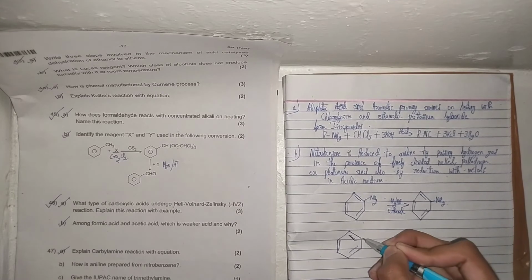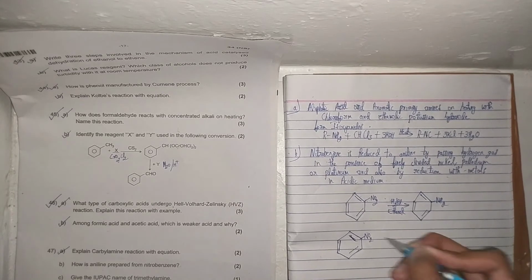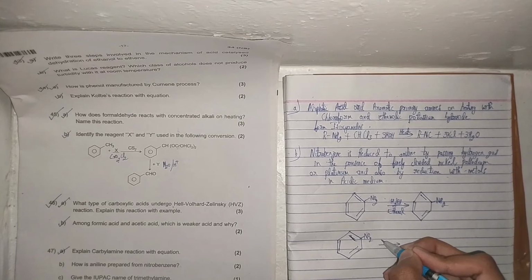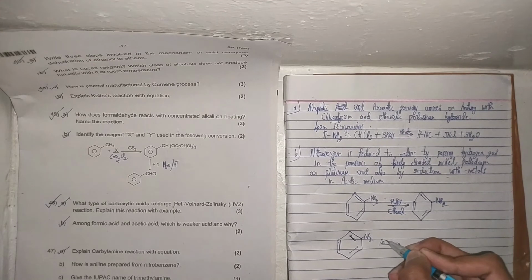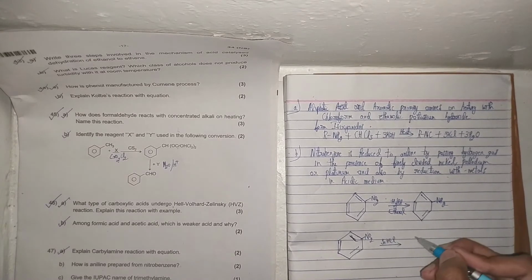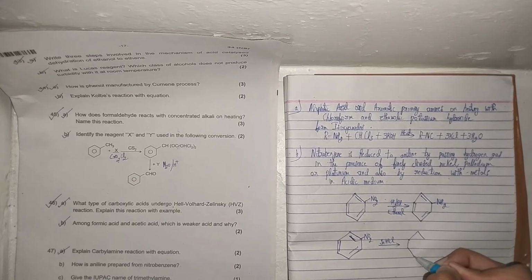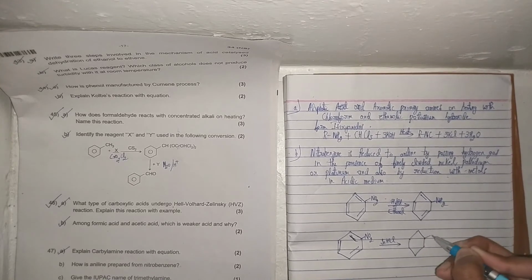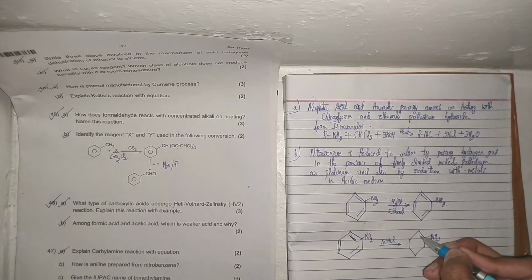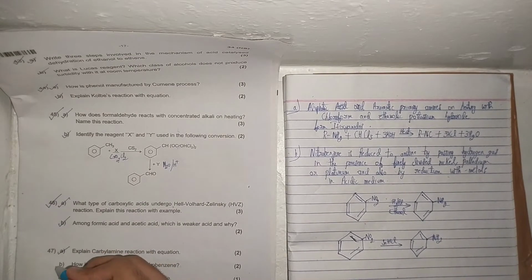Don't overdraw. Sn plus HCl. Okay, so question number B is done.